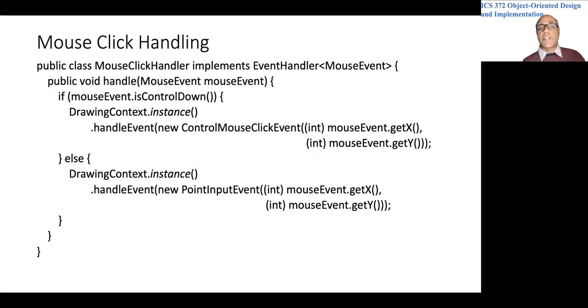We are going to use it in a different version when we are selecting various shapes, which we are not covering this semester. And this is what we will be using in this version, which is the point input event. When the mouse is clicked, we create a point input event with the X and Y coordinates at which the mouse was clicked.